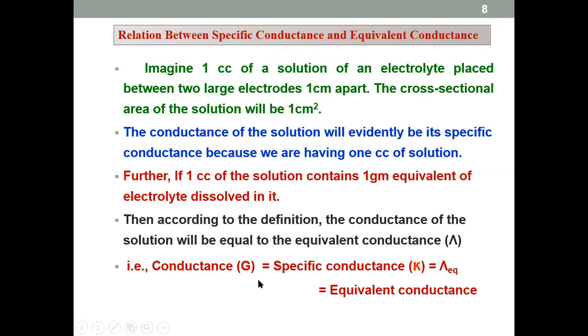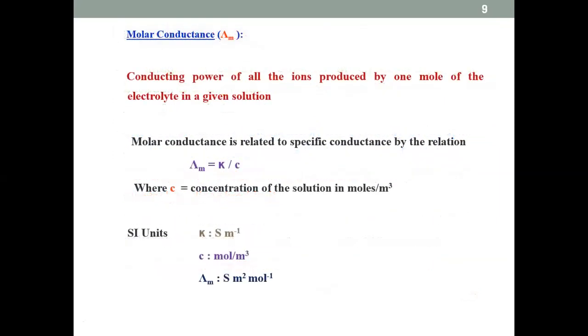So in this case, our conductance is equal to specific conductance kappa, because it is the conductance of the 1 centimeter cube of the solution, and it is also equal to equivalent conductance because in that 1 centimeter cube we have dissolved 1 gram equivalent of the electrolyte, right?